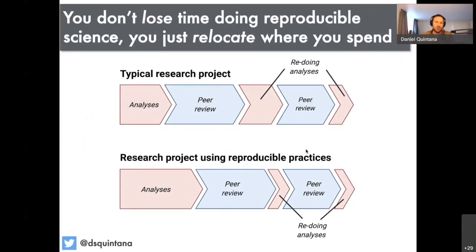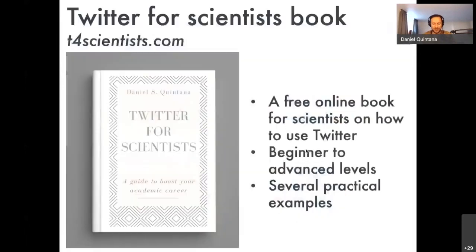If you're doing your projects using reproducible practices, taking that extra bit of time, you're simply relocating where you're spending that time. So don't be daunted looking at these things going, oh, I don't know how I can fit this all in. It's going to delay my project. In my experience and in the experience of colleagues, these projects take the same amount of time, if not quicker, but all that happens is you're redirecting where that time is spent.